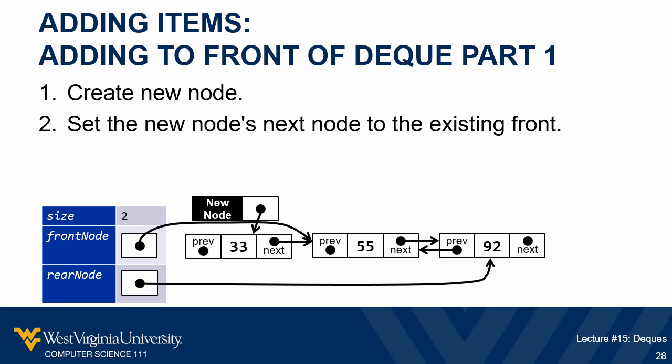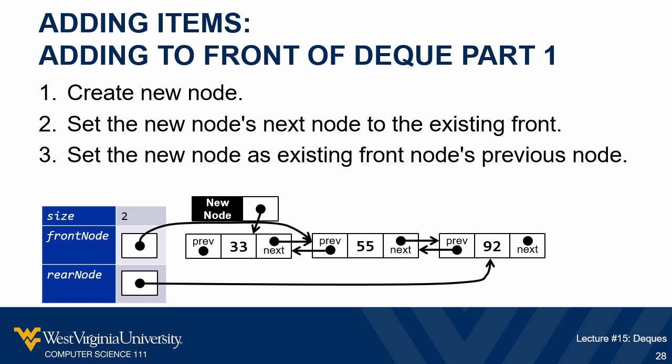We're also then going to set the previous node in the existing front so that we can go backwards from what will end up being the second item in our chain. At this point, 33 is our new node and squarely hooked into our chain.